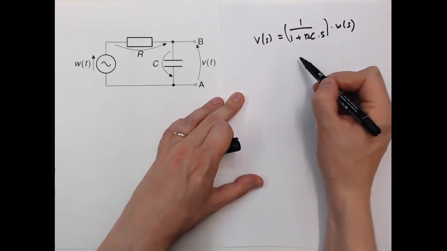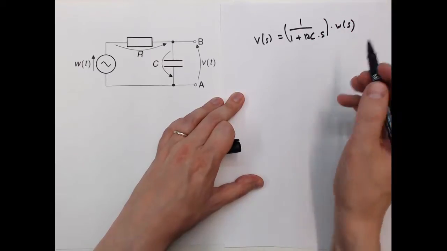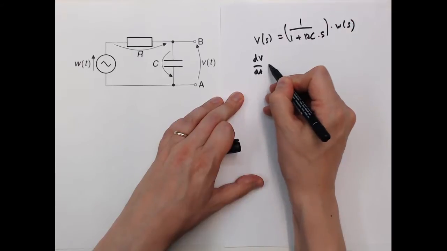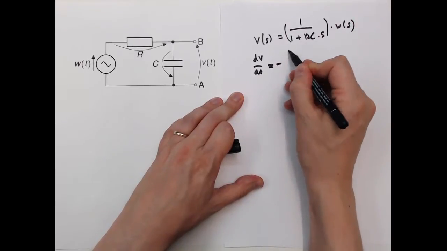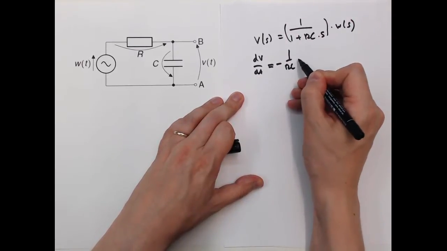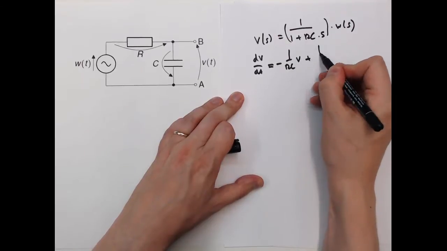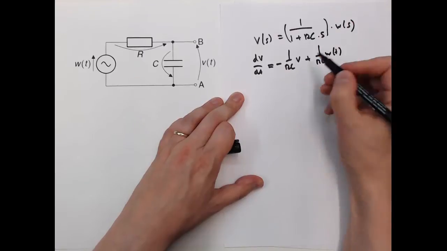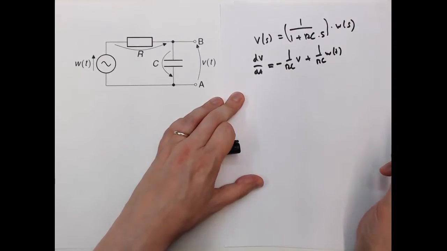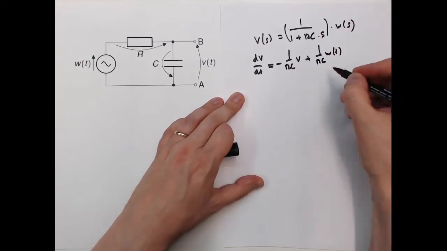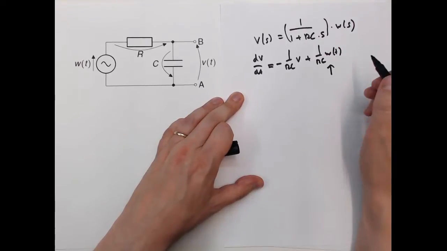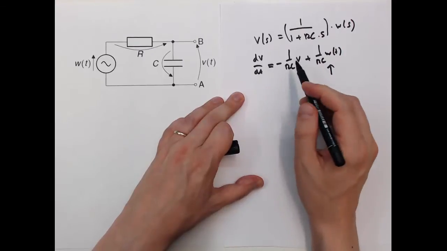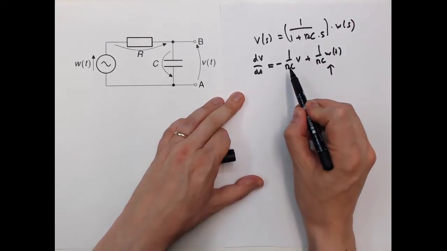If we now take the inverse Laplace transform, we end up with the differential equation: the time derivative of v is equal to minus 1 over RC times v plus 1 over RC times Wt, which is a function of t as well. Now, if we put a white noise process inside here, what we have is a stochastic differential equation model.